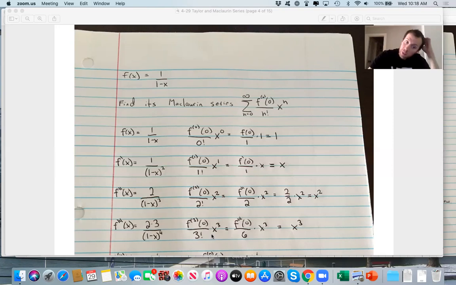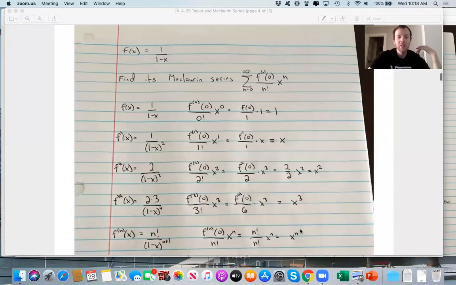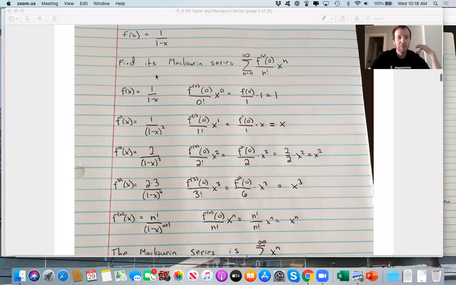The same deal if we pick n equals 3, we want f triple prime at 0 divided by 3 factorial, which is 6. If you put 0 into this function, the bottom is 1, the top is 6, the 6's cancel, and you get x cubed. And this happens in general. The pattern continues where the top keeps becoming n factorial. The bottom is 1 minus x to the n plus 1.